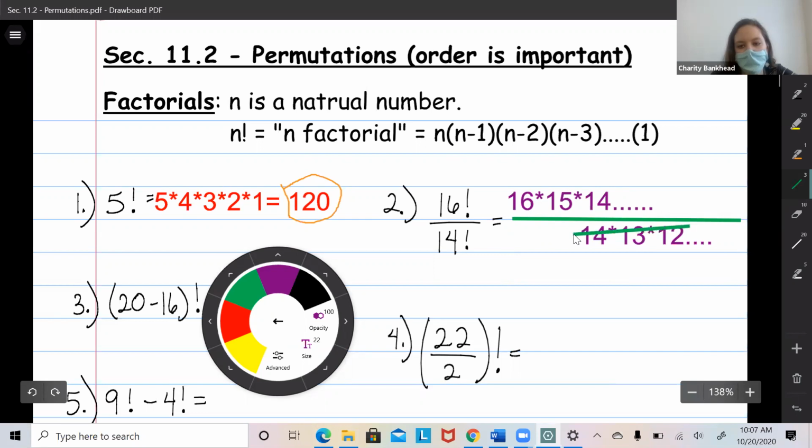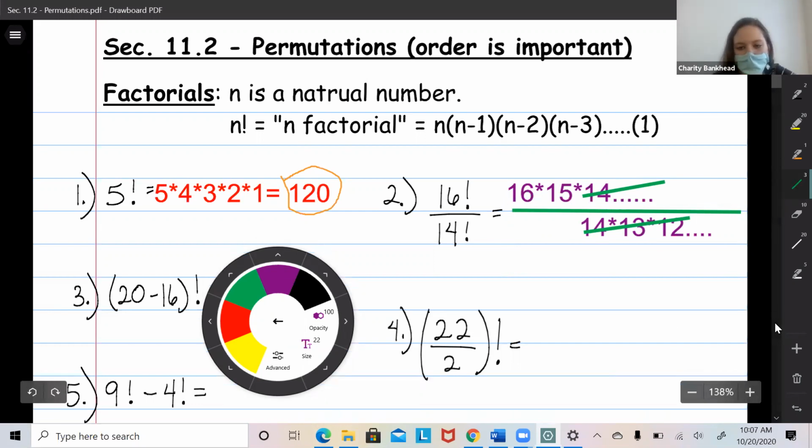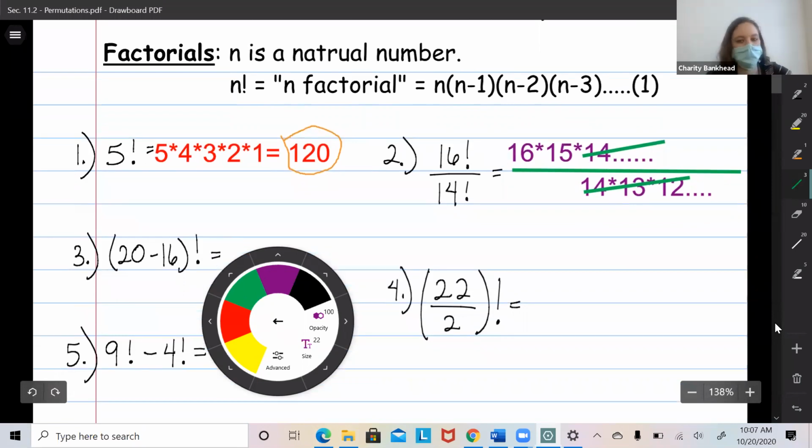So all of this would cancel out with all of that. So all you would have left to complete the problem is just multiply 16 times 15. 16 times 15 equals 240.